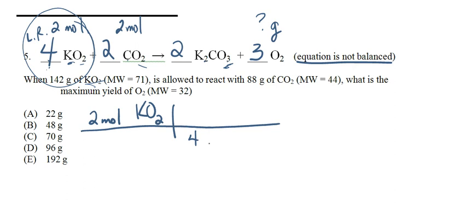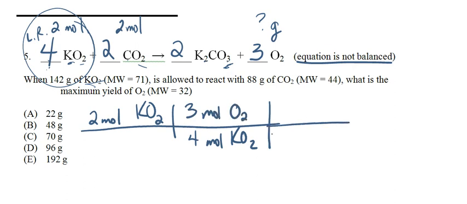Step 3, use the mole ratio to get rid of the units that we started with and go to the units that we're looking for, which in this case is moles of oxygen gas. And then since it wants it in grams, let's go ahead and do that too. So in 1 mole of oxygen, we have 32 grams. Okay, it says that. So we don't have to do anything fancy there.